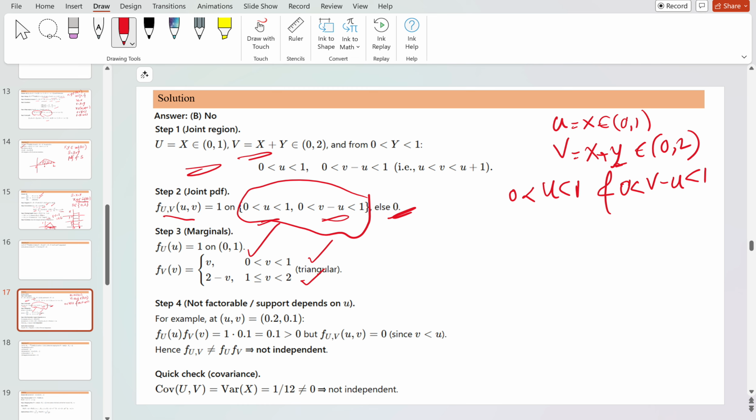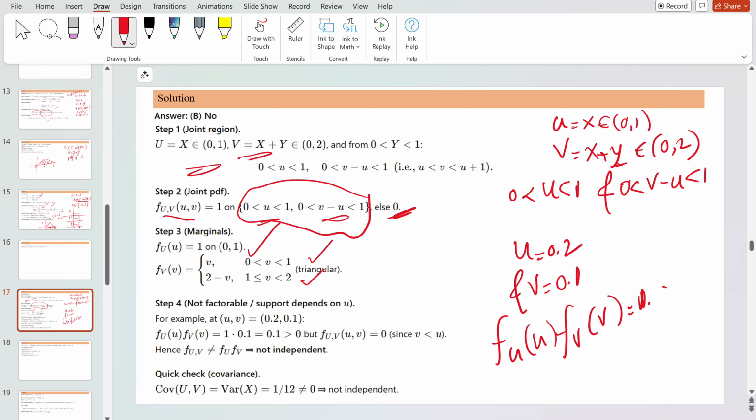Let's take one example. Suppose U is equal to 0.2 and V is equal to 0.1. When you see that, what will be the value of f(U) times f(V)? It equals 1 times 0.1, because f(U) is already 1 in all the cases, and f(V), if it is in 0 to 1, will simply be V, so it will come out as 0.1, which is greater than 0.